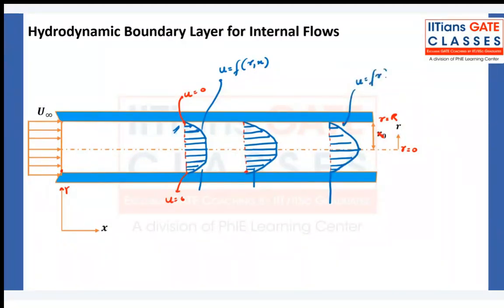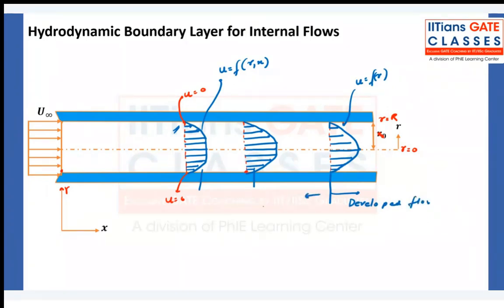Now if you go ahead in this direction, one second, I'm sorry. If you go ahead in this direction, your velocity profile is going to remain the same. It is not going to change in x direction. So after this point, it is called fully developed flow. And here the flow is still developing.